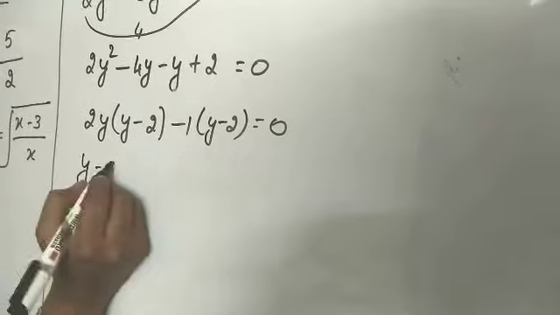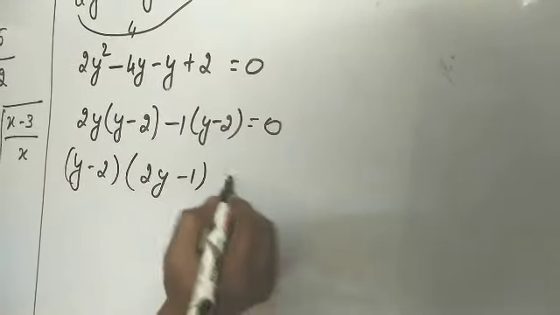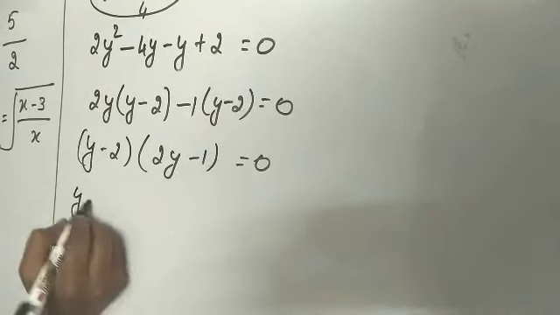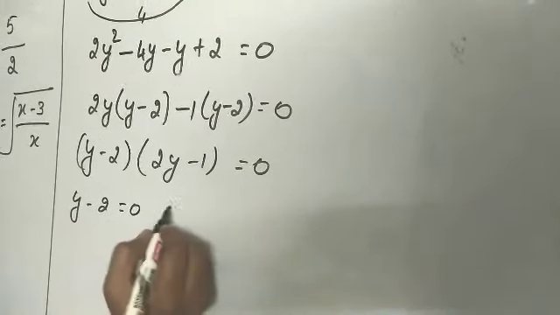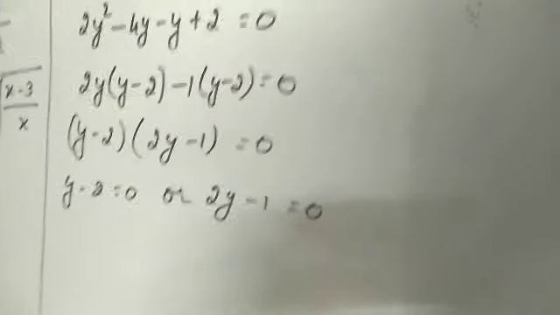Next y minus 2 and 2y minus 1 is equal to 0. Y minus 2 is equal to 0 or 2y minus 1 is equal to 0.